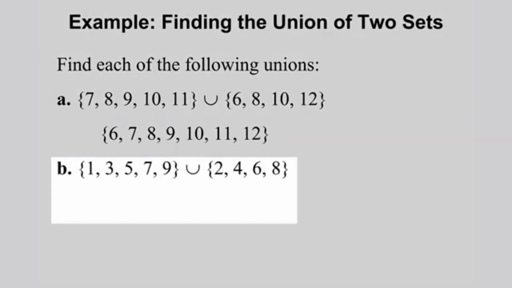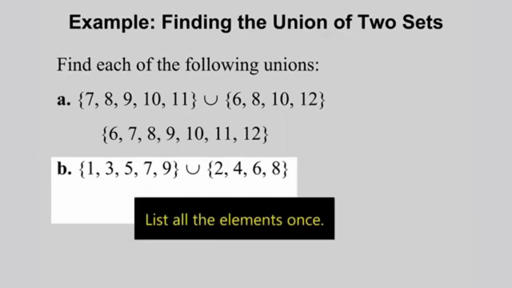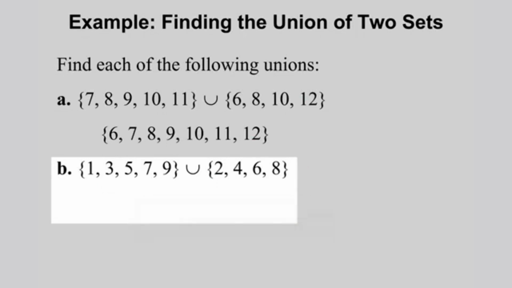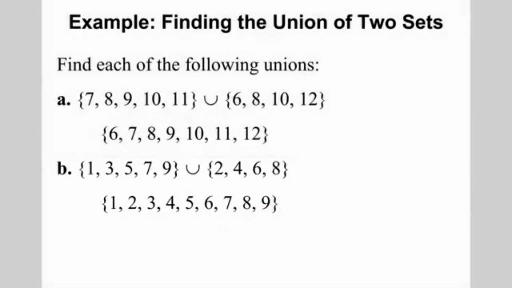Next, for these two sets here, find the union. Meaning you're just going to write down all the elements, and for those elements that appeared twice, you just have to list them once. The union of these two sets here is the set containing 1, 2, 3, 4, 5, 6, 7, 8, and 9.